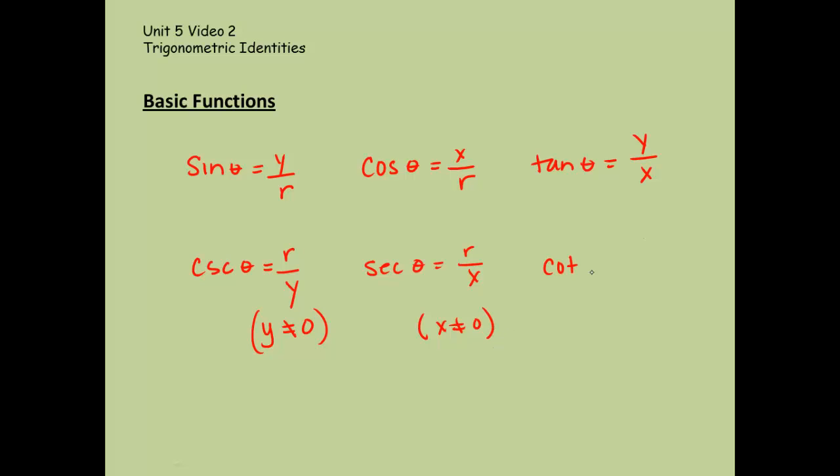And my cotangent of theta, this is when we have x over y, and we should consider here x cannot be 0, otherwise we would have an undefined value, and here y cannot be 0, or we would have an undefined value there. So these are just our basic functions that we learned in our first unit. I guess we used them in our second unit as well when we were solving triangles. So let's go ahead and move on to some identities.